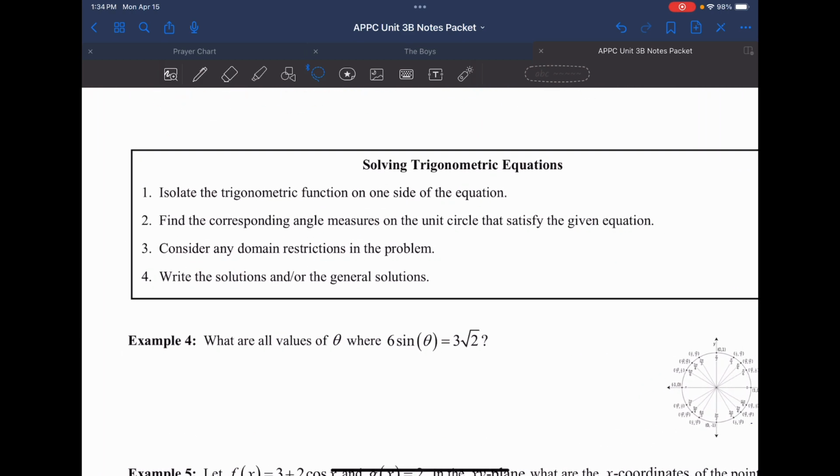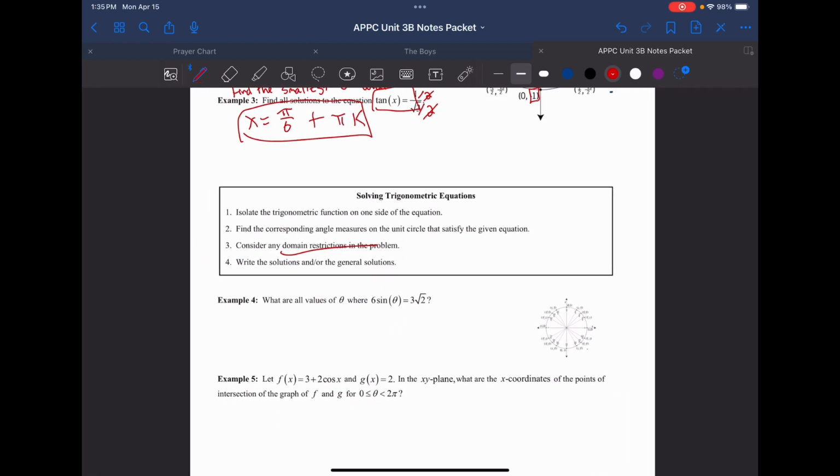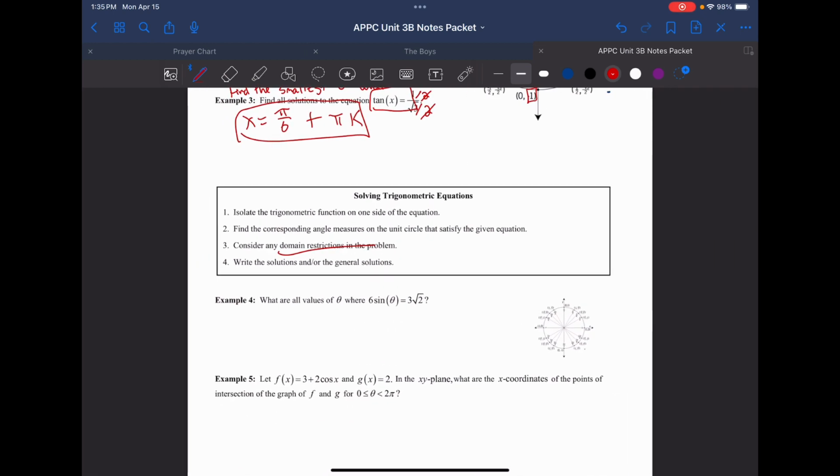So isolate the trigonometric function on one side of the equation. So get your trig function by itself. And then find the corresponding angle measure on the unit circle. Consider any domain restrictions.